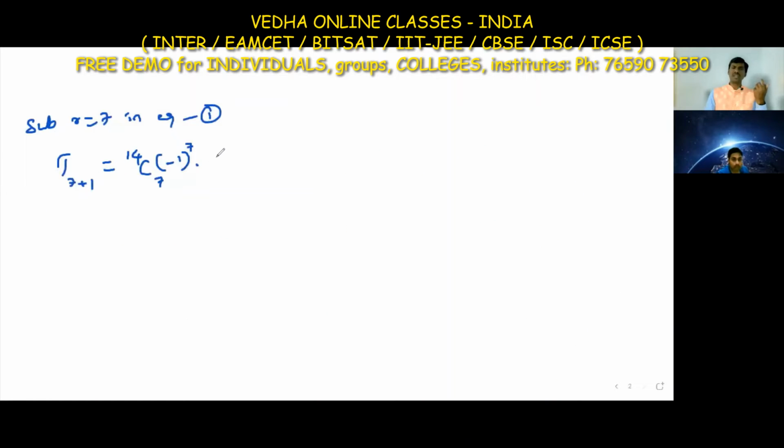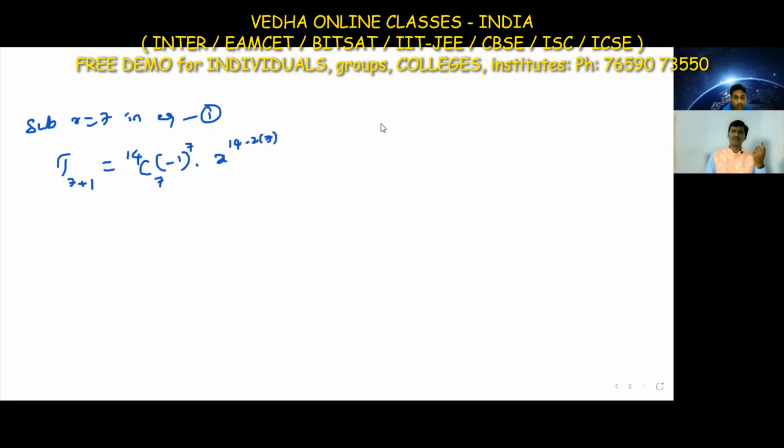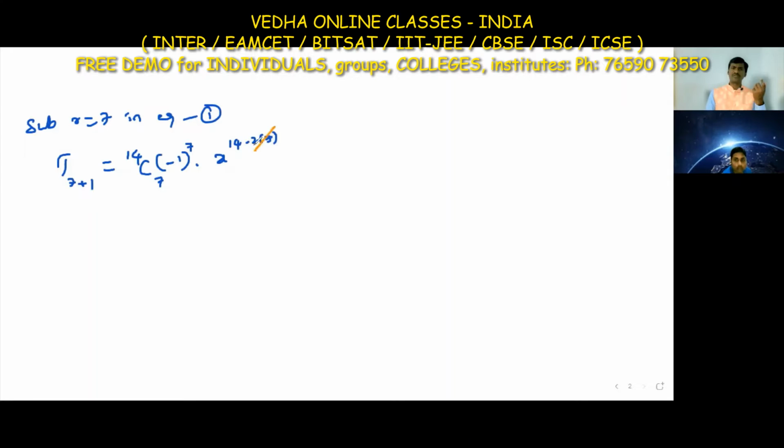This is actually without x only. 14 minus 14 becomes 0, so x power 0 means we get 1. So this is equal to 14C7 times (minus 1) whole power 7, which is a negative number, so we write minus 14C7. This is the final answer.